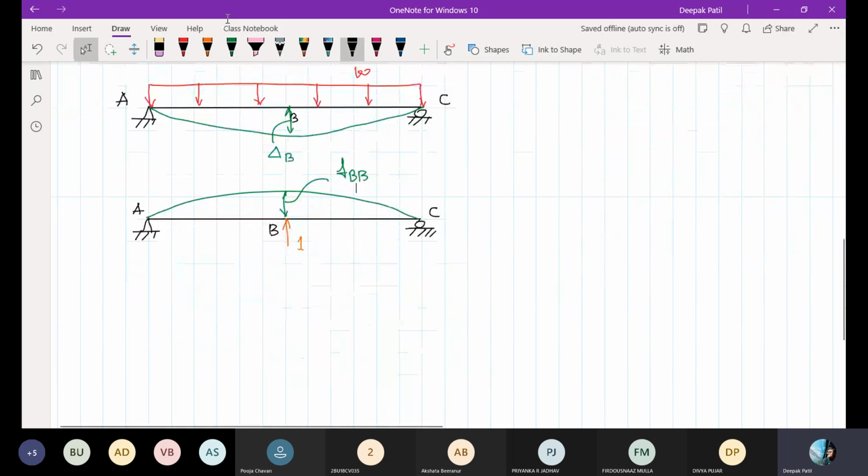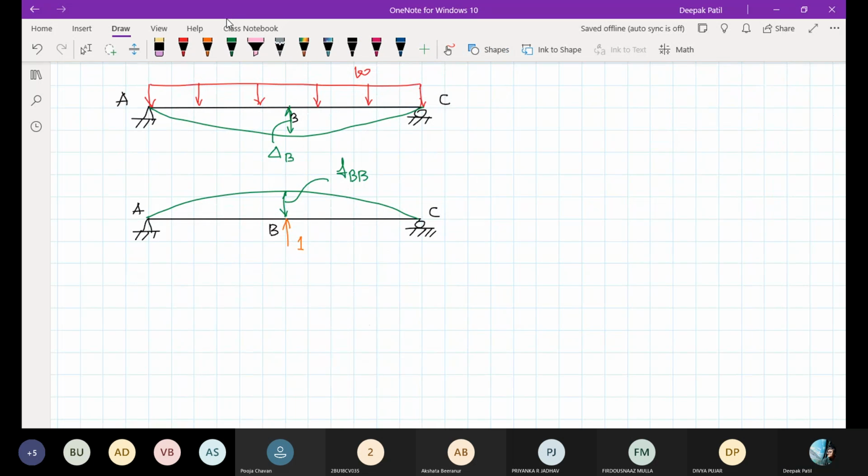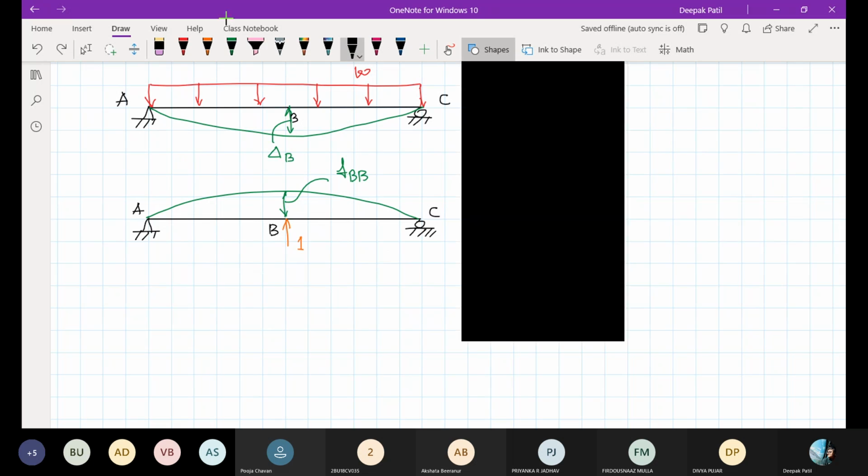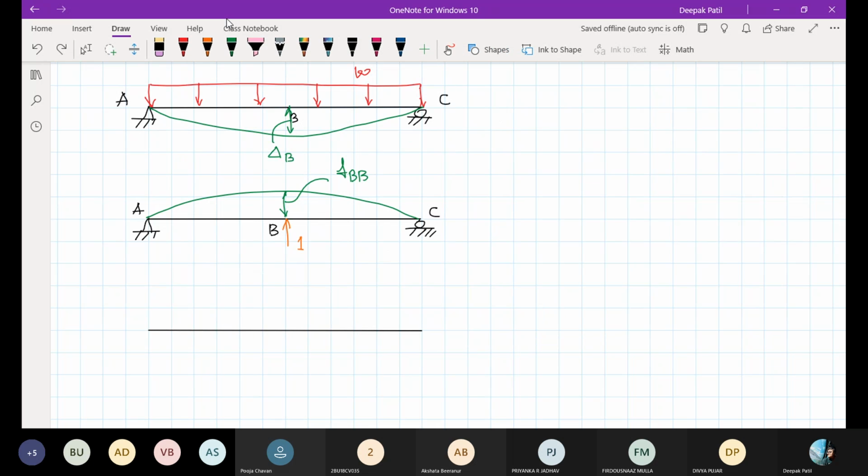I will draw one more structure. Once again, without the roller support at B, but now at B, instead of 1, I will put a load say By.